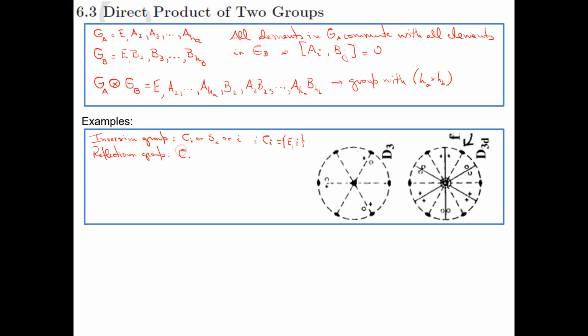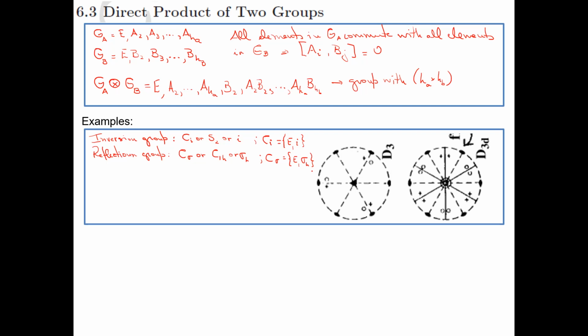Sometimes we call it C sigma or C1H. Sometimes for short we just call it sigma H. And the group again has only two elements, the identity and the sigma H operation, horizontal reflection. Okay?